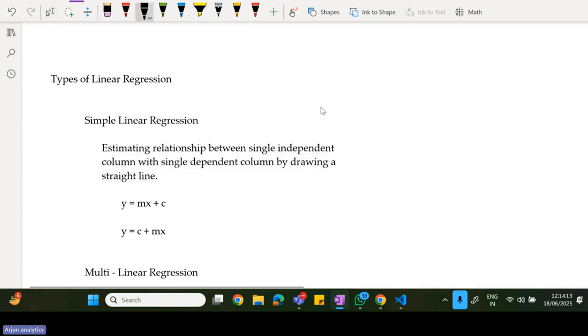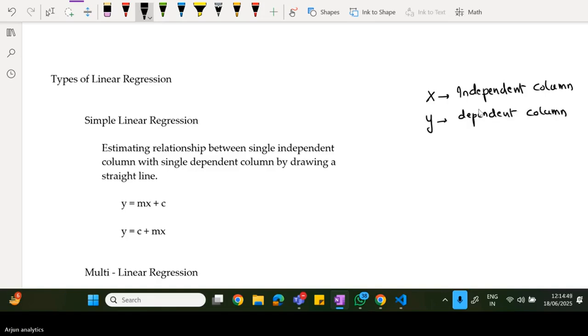Our independent columns are indicated with X, and Y is the dependent.